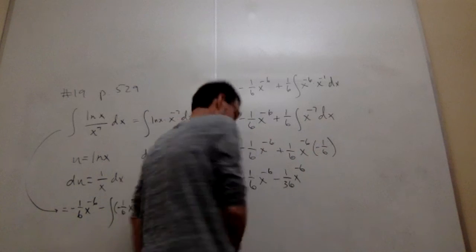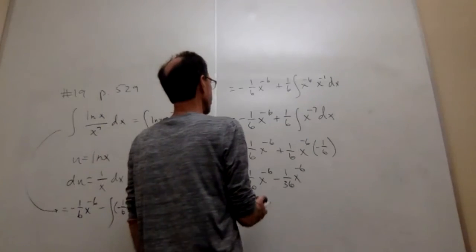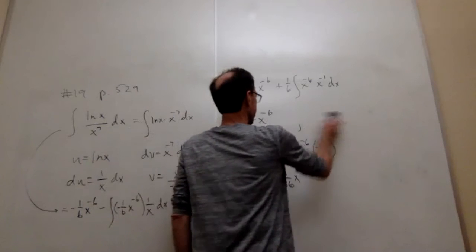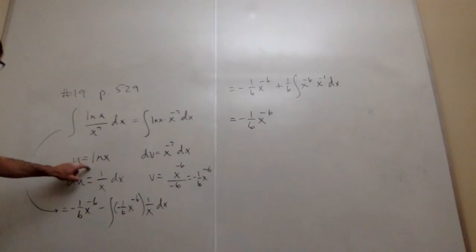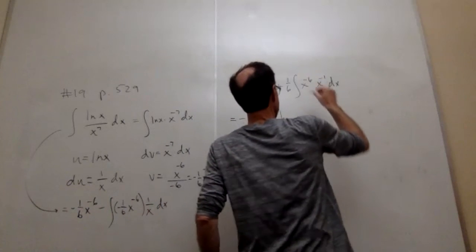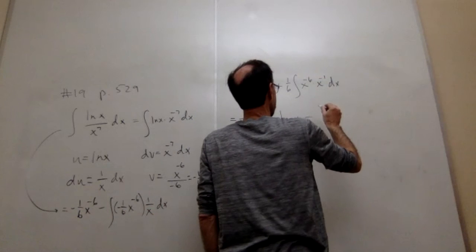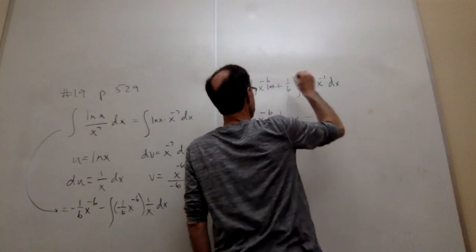Oh, sorry, Thomas, I made a mistake. So let's go back here. I forgot my v du. So v is 1 over x. And then what we get is, it should squeeze in there as well.